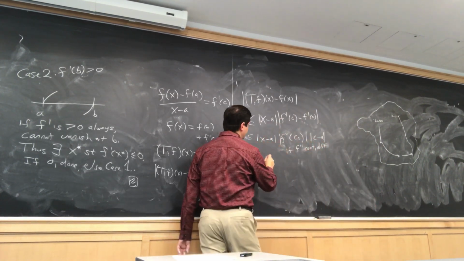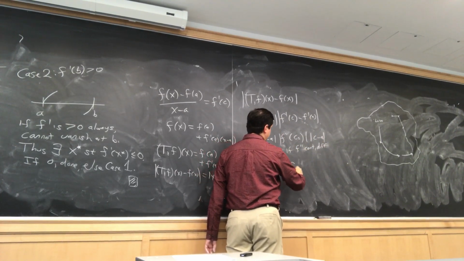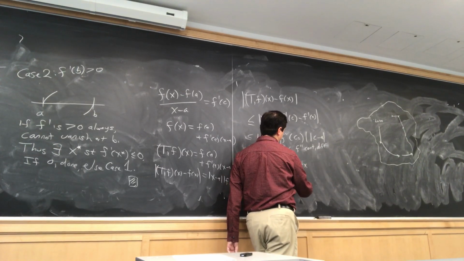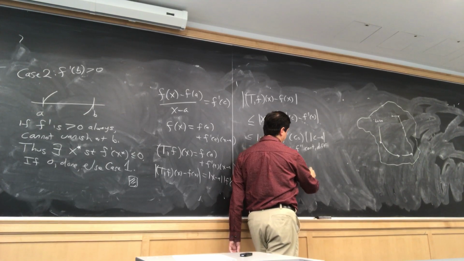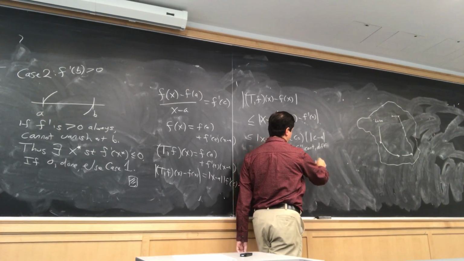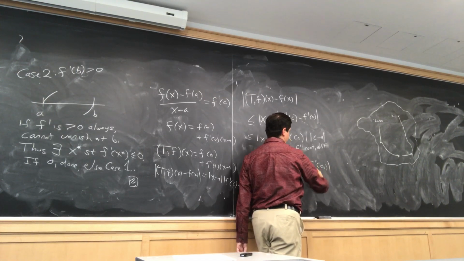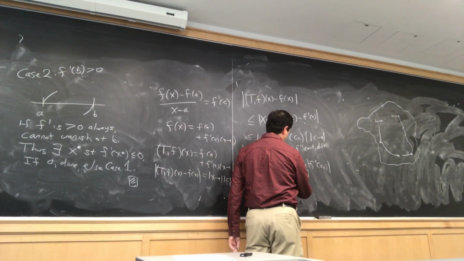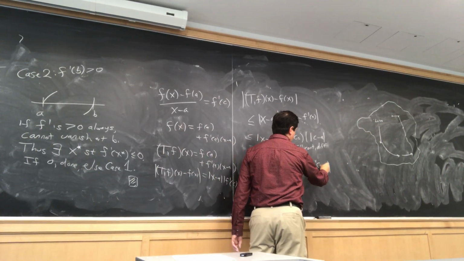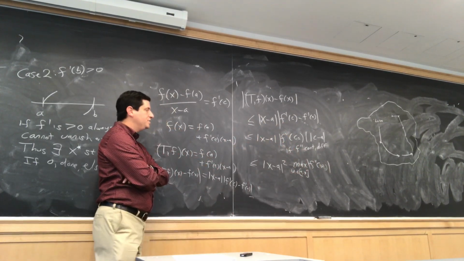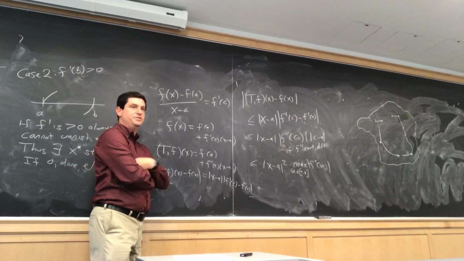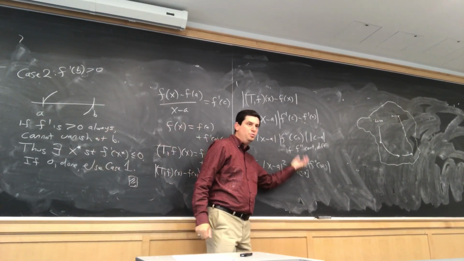And then this would be less than or equal to x minus a squared times the maximum of f double prime. And so if we now have some control over the second derivative, this tells us how good of a job the first order Taylor series does. And then you can lather, rinse, repeat if you want to do more and more terms.